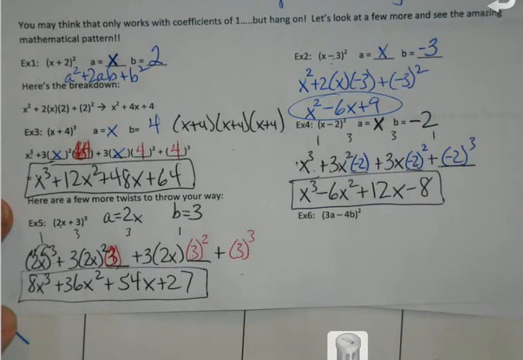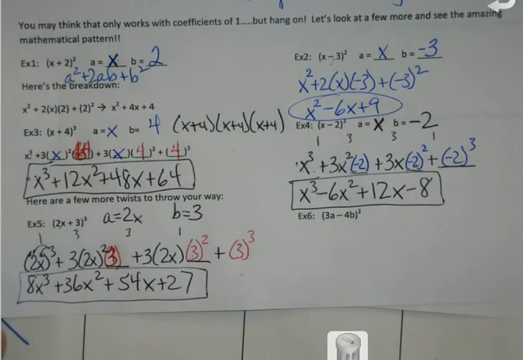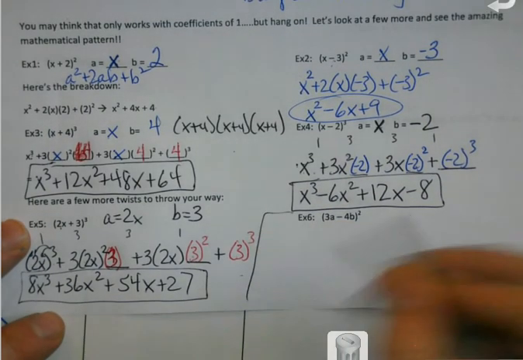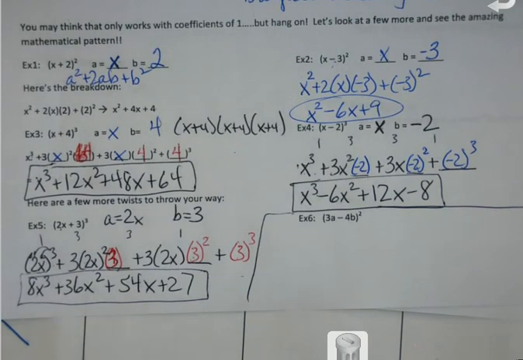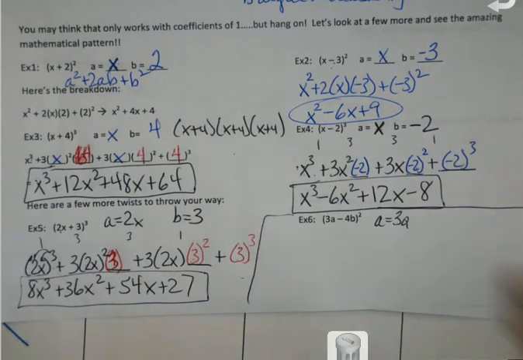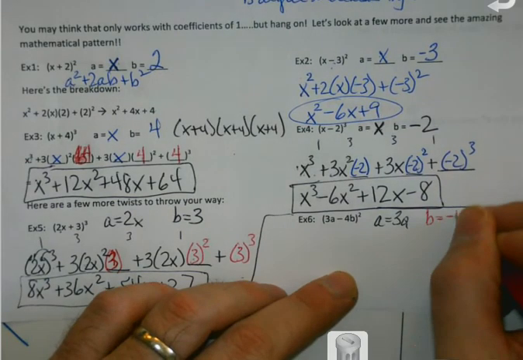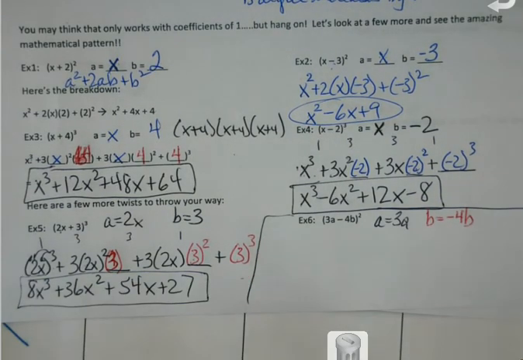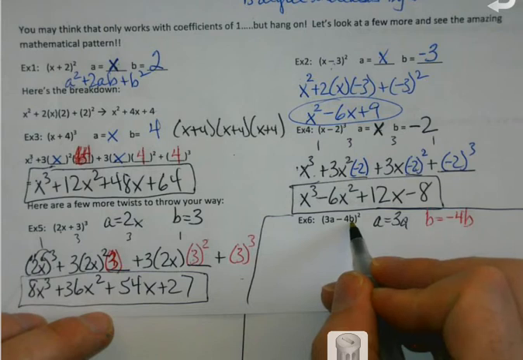But again, it's getting used to that pattern, even if you end up with variables in both your terms. So let's see this time if I can run them both at the same time. Now again, this is just a squared, so don't go crazy.